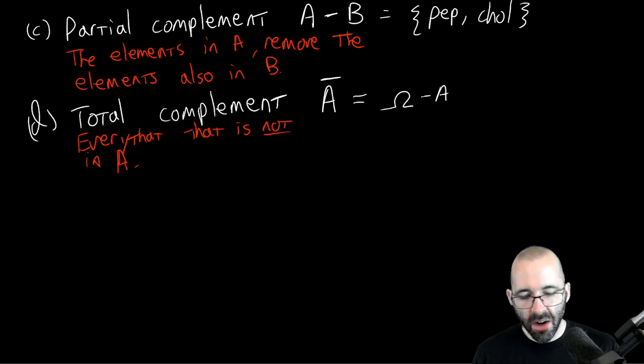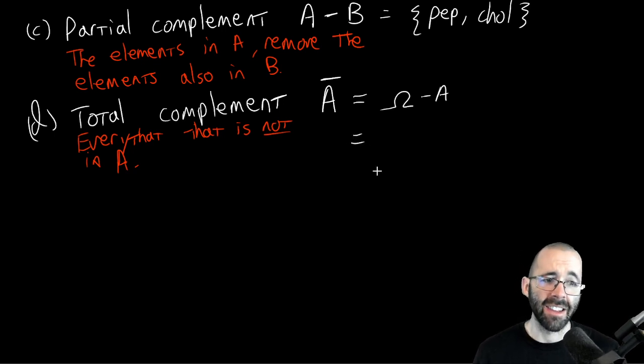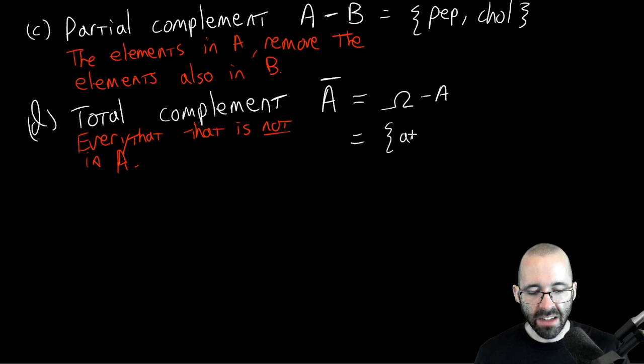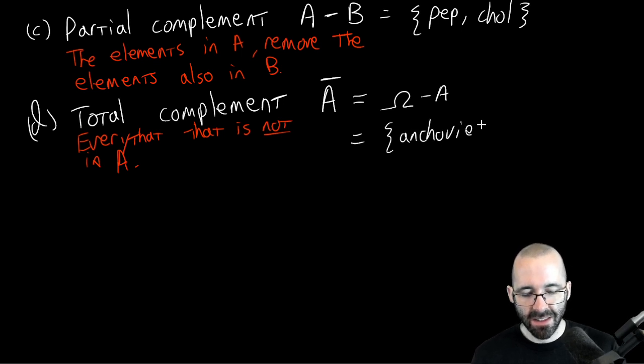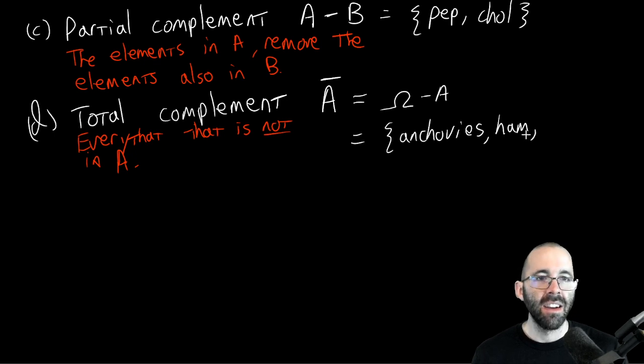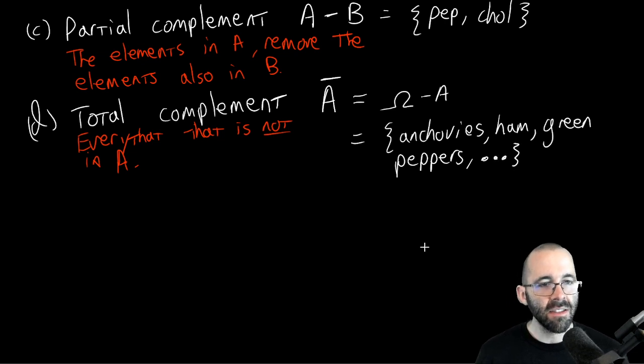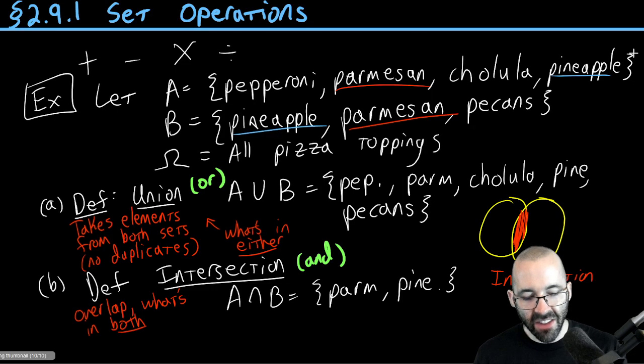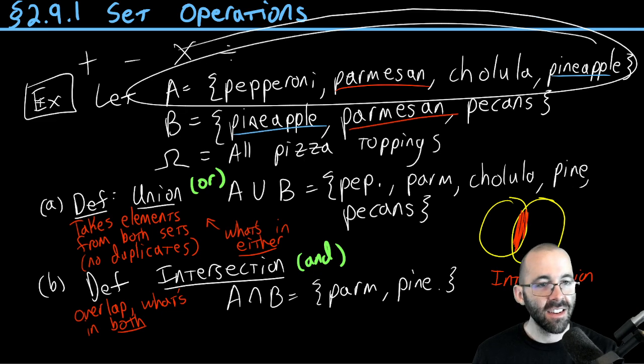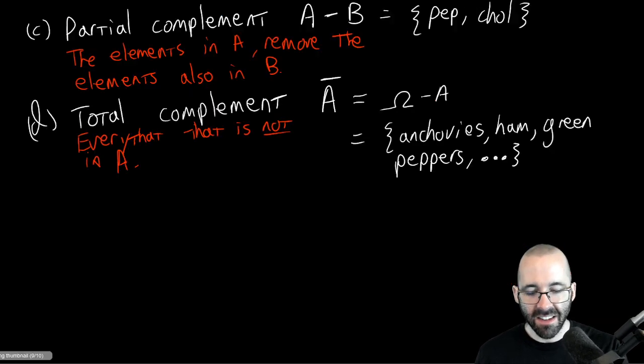So here, what is A bar? Well, A bar is a lot of things. A bar is anchovies. A bar is ham. A bar is green peppers, etc. Every single pizza topping that you can think of that's not one of these is in this set.